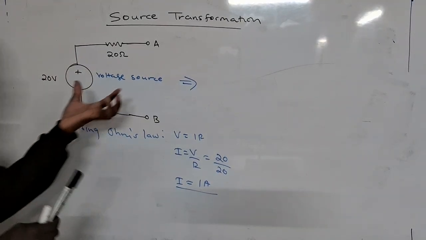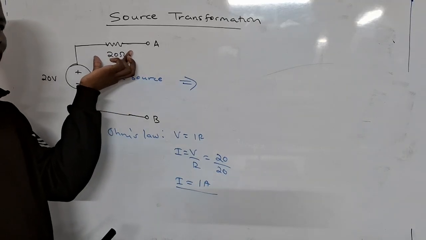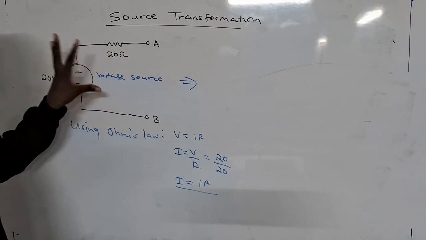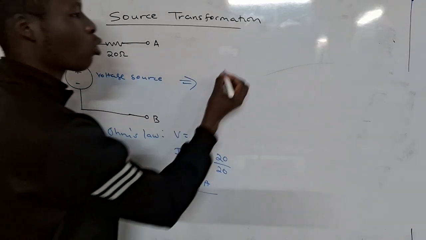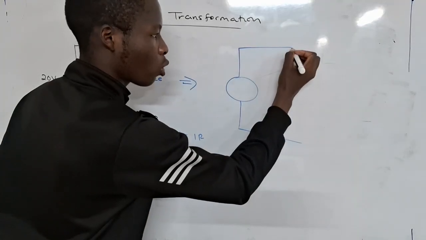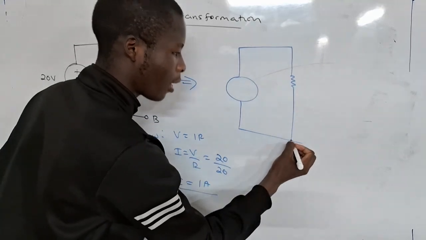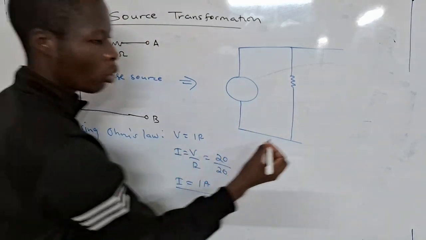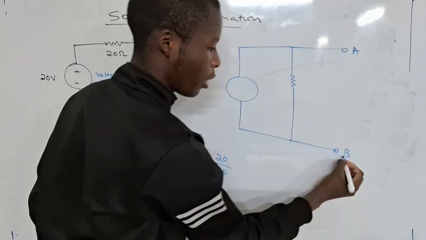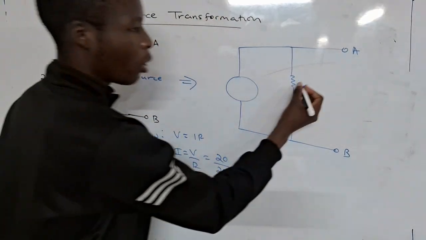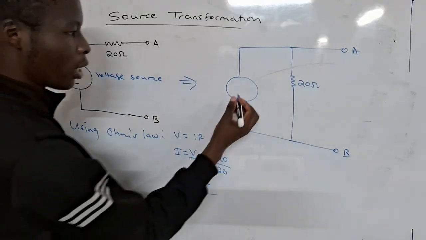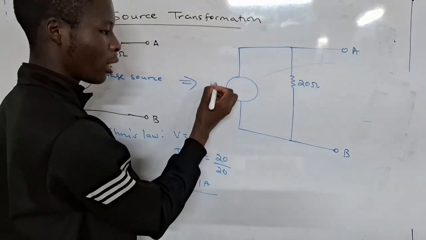So if you have a voltage source and a resistor connected in series, you can convert this into a current source and a resistor connected in parallel to each other. This is the concept. Here is A, then B. This 20 ohm resistor will come here, and this is the current source, which is 1 amp.